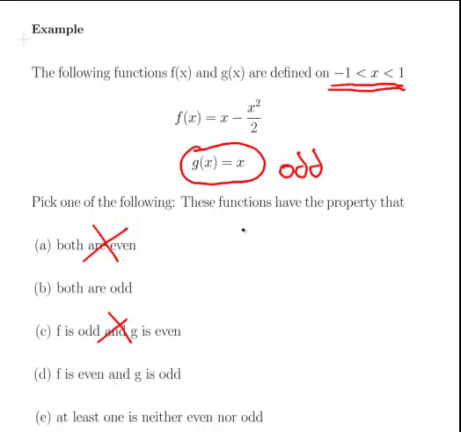Both are odd. At least one is neither odd nor even: well, that could be the case. If this is a neither case, then it's answer G. And what I might state there is that it's one function minus another function, so it's not something we've come across.